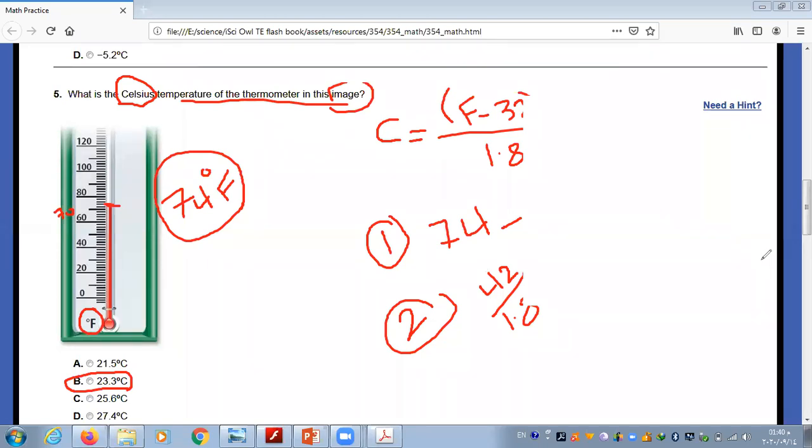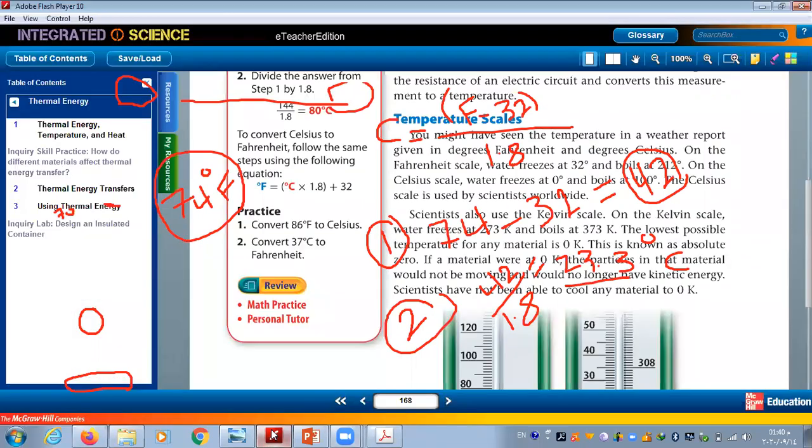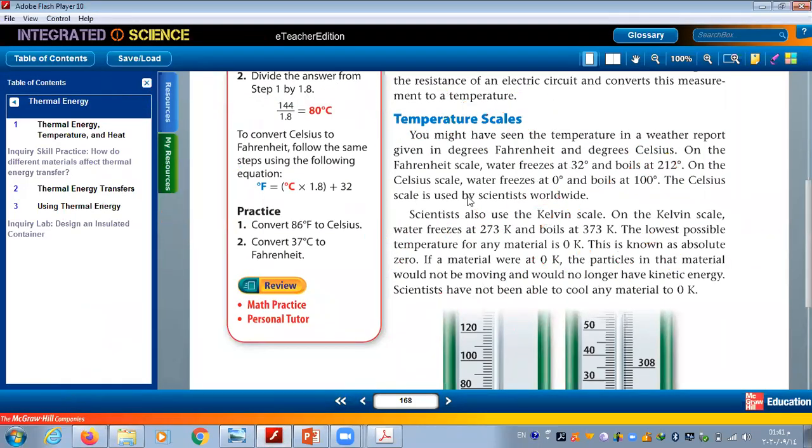Okay, so again, we said here we have 3 measuring scales: the Celsius scale, the Fahrenheit scale, and the Kelvin scale.